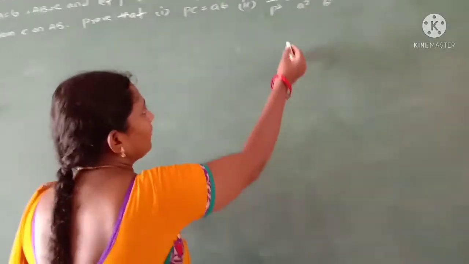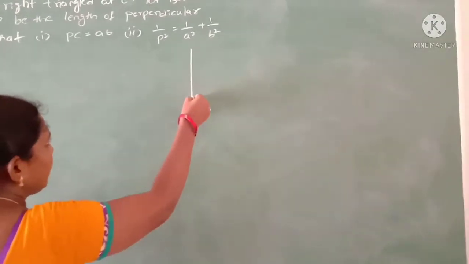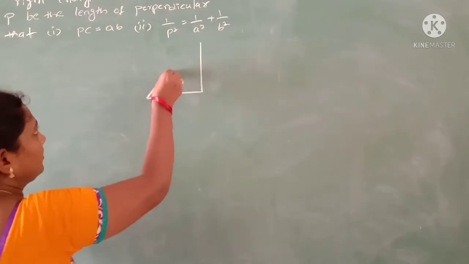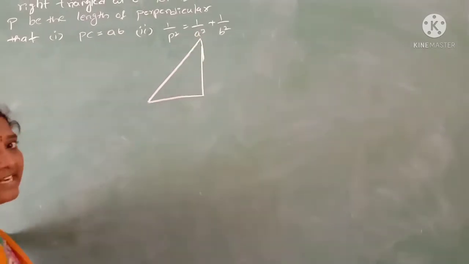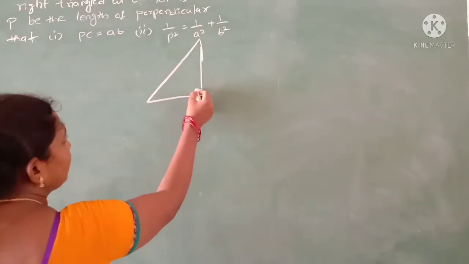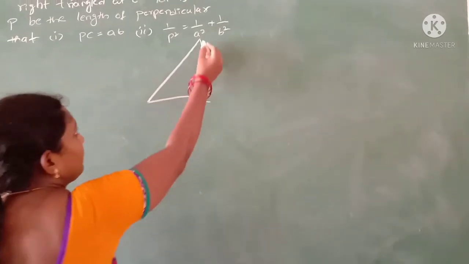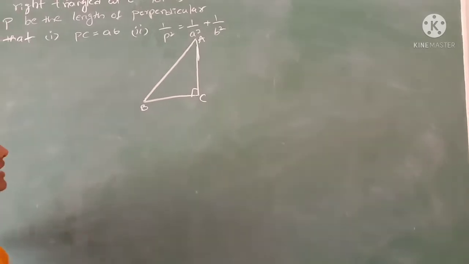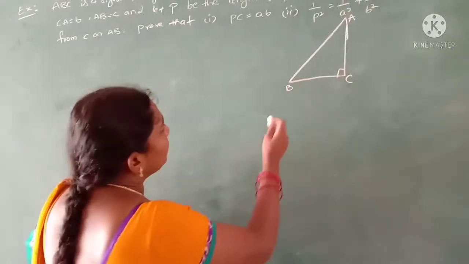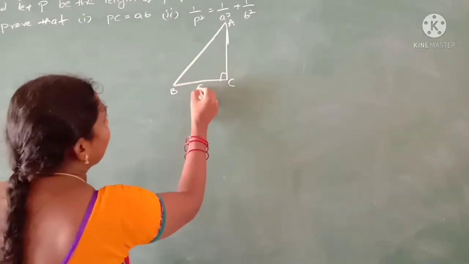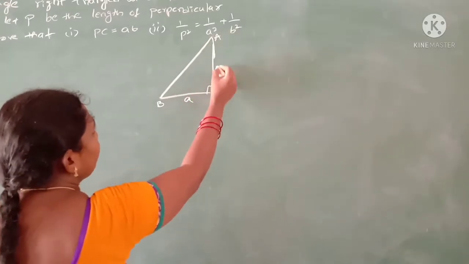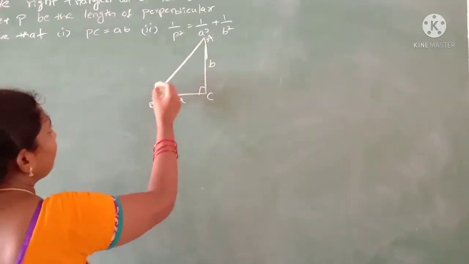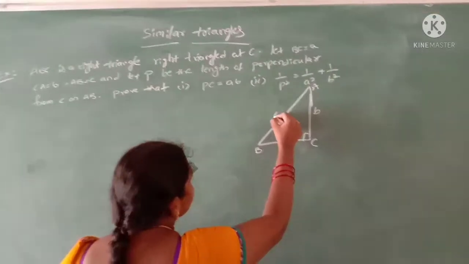First we draw the figure. First draw the right triangle, right angle at C. So ABC is a right triangle. Next, put the BC value small a, AC value small b, and AB value small c.